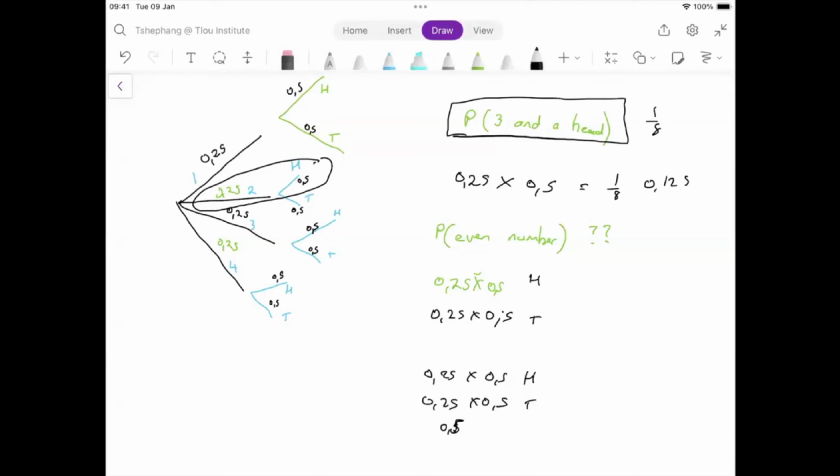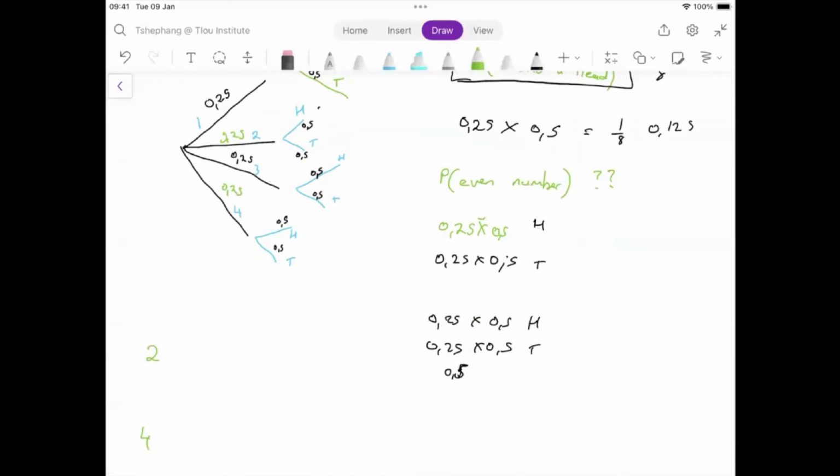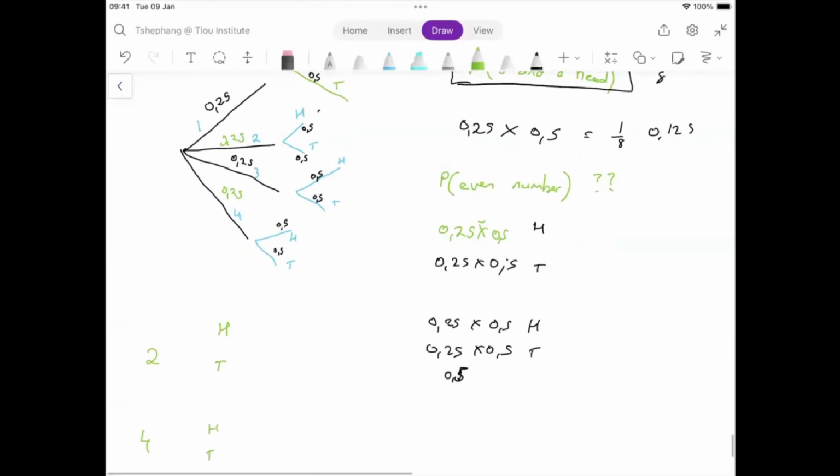Okay, let's address the question in the chat. Why do you multiply by 0.5, but you say probability of getting an even number? Okay, that is a great question. Remember, the even number is either the 2 or the 4. When you get a 2, you can get heads, and you can also get tails. When you get a 4, you can also get a head or a tails. Now, we must address all of these. Getting a head is 0.5. Getting a tails is also 0.5.